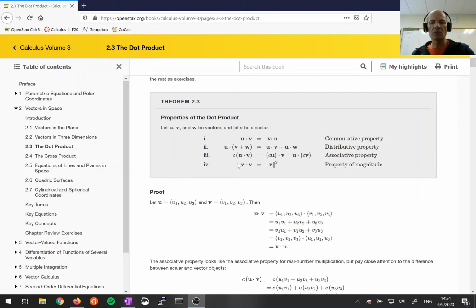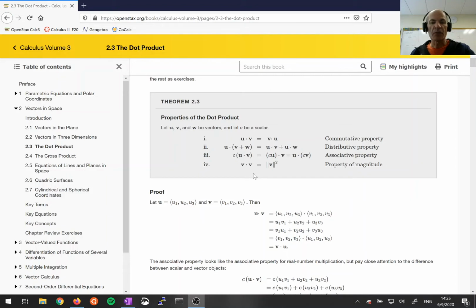It can save you some time in a pinch and certainly is useful in theoretical calculations, and that is that v dot v is the length of v squared. Well, if you remember, the length of v is just the square root of the sum of the squares of the coordinates of v. Well, if you think about what v dot v is doing, it's the sum of the squares of the coordinates of v.